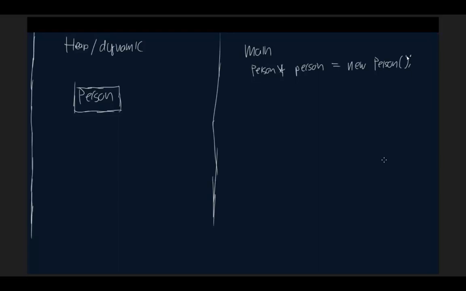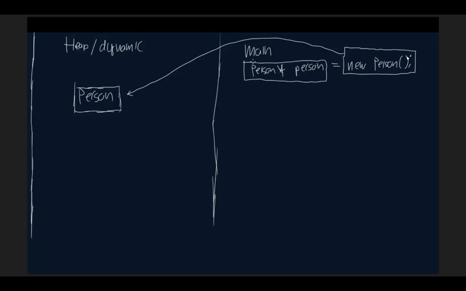Well, what happens here? This is an expression. This expression is called an instantiation, and it results in an object being placed on the heap. What is this? Can anybody tell me what that is?